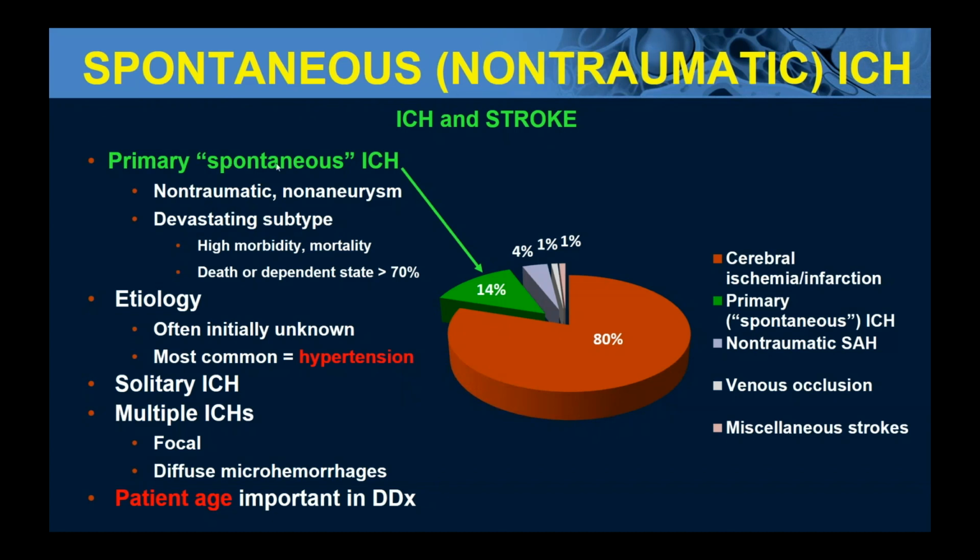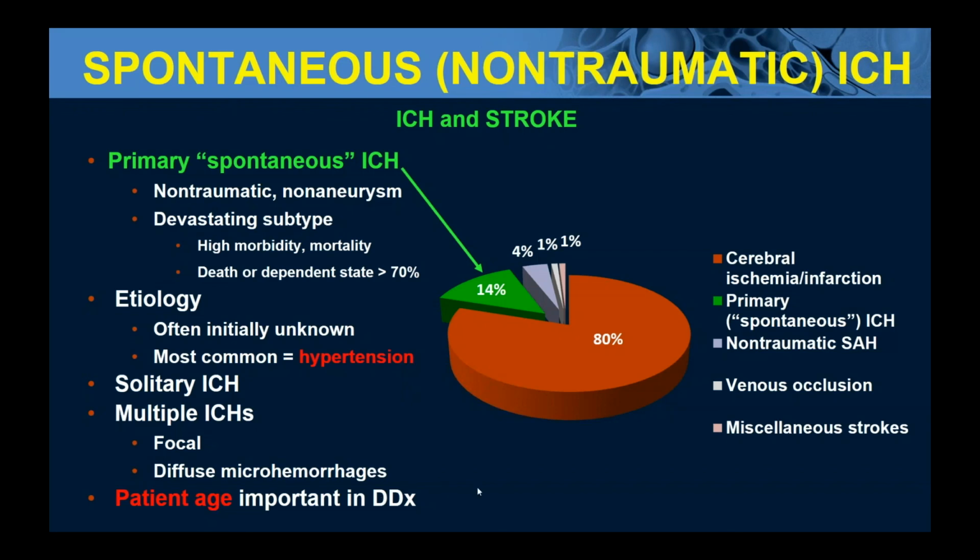So primary or spontaneous intracranial hemorrhage is a devastating subtype. These patients typically don't do very well, and it's about 14 to 15% of so-called stroke cases. Most of these are going to be hypertensive hemorrhage in the older patients. So patient age is important.